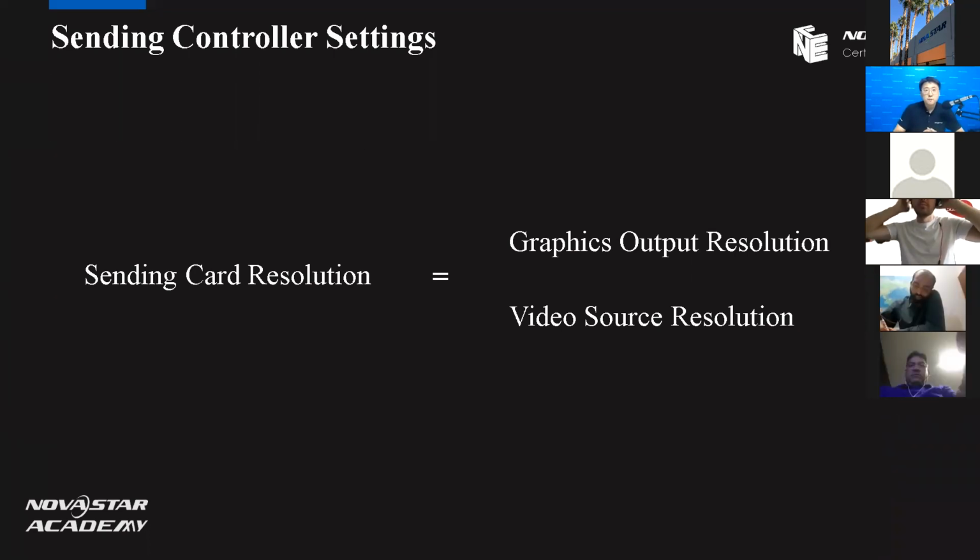When we use a PC to provide video sources, the graphic output resolution is the same as the desktop of the PC. But sometimes we may use another device to provide video sources. In this situation, please make sure the resolution of the sending card is the same as the graphic card resolution or video source resolution. It's very important.